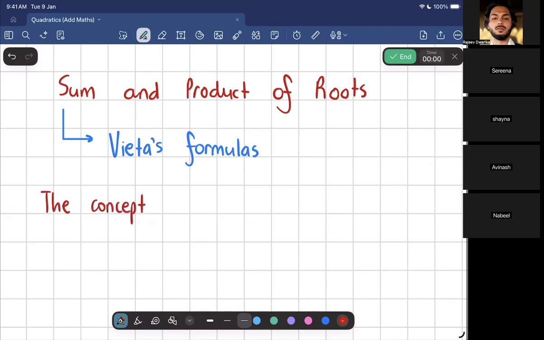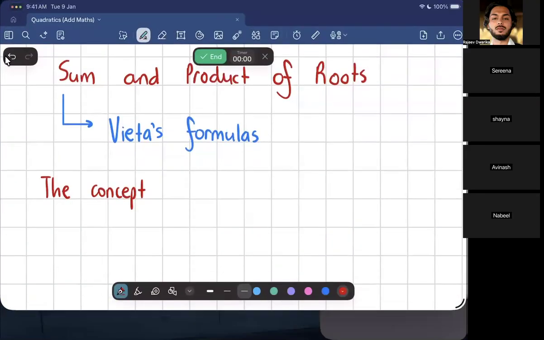Wait, let me get like a sticker. Wait, no, I'm resizing.